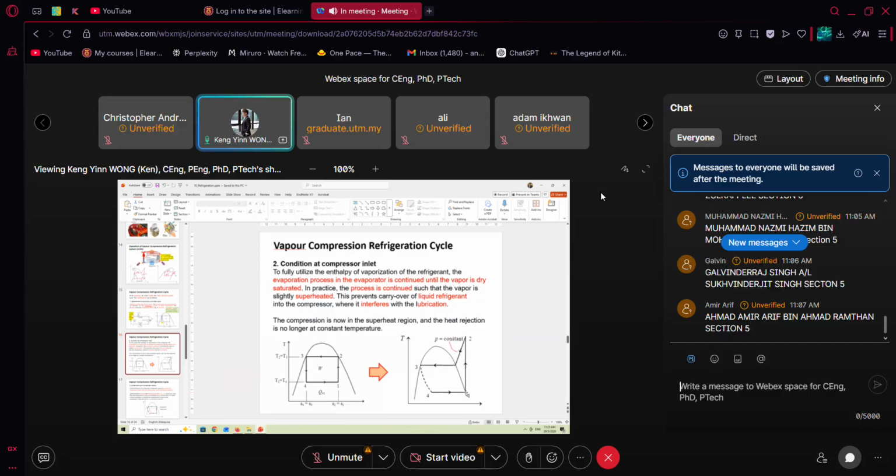Everyone take note, before entering the compressor, it must be dry enough. I put it down: before entering the compressor, it must be dry. That's why it touches the saturated vapor. In fact, better to push it to superheated, best superheated. So this is the important criterion.